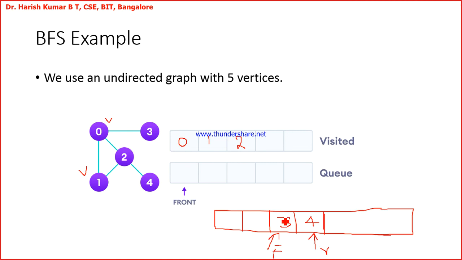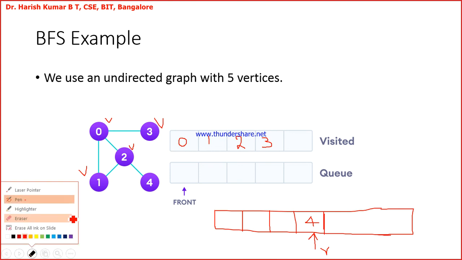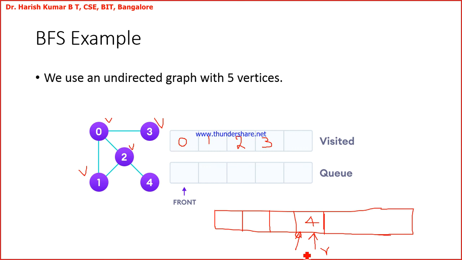Next node to visit now is 3. So 1 is visited, 2 is visited, now 3 we are visiting. This is removed. Front is now pointing to 4. Next node to visit is 4. I visit 4 and I check for the nodes which are adjacent to 4 but still not visited.